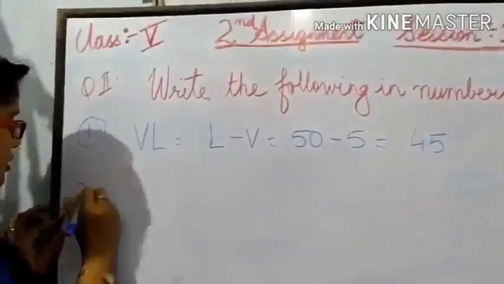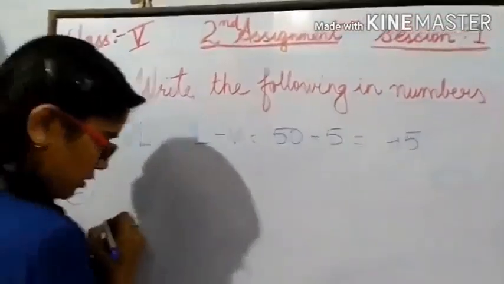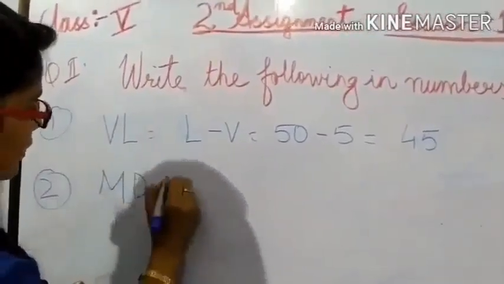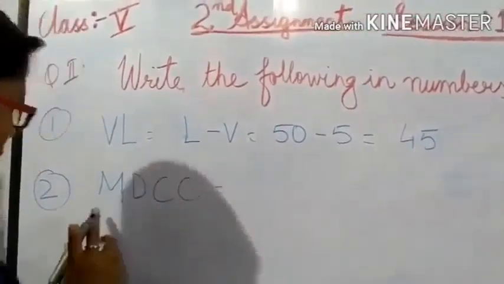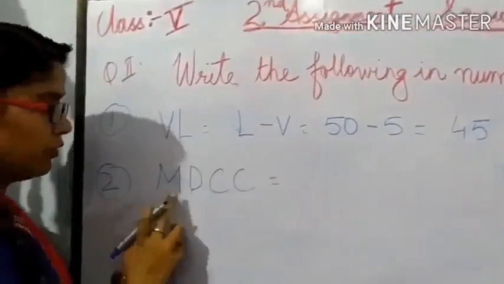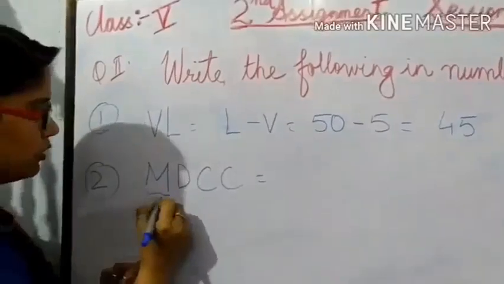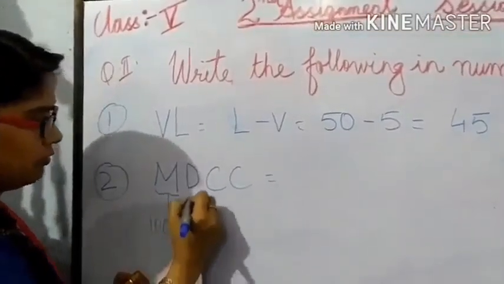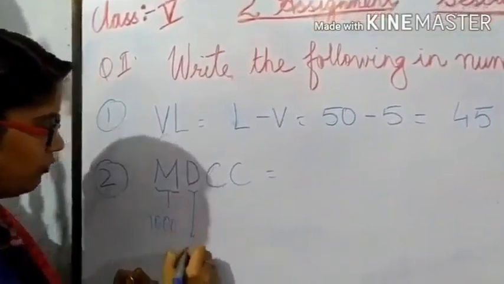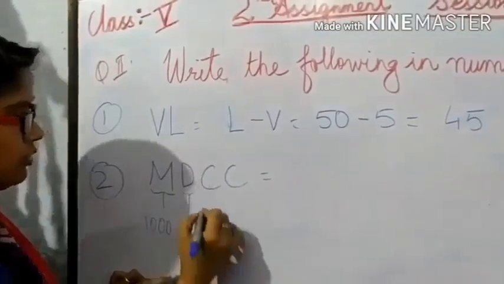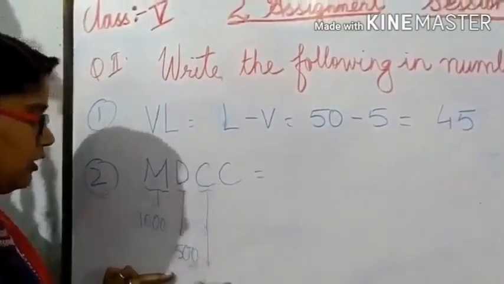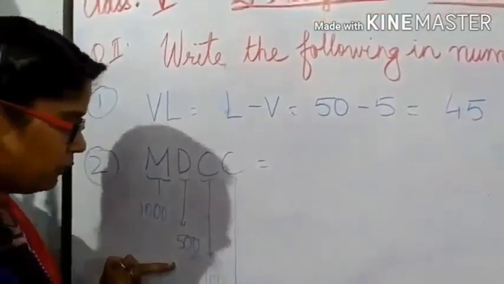Now the next example, M, D, C, C. Now see children, you must remember, the value of M is what? 1000. Yes. D is 500. C is 100 and again C is the same 100.